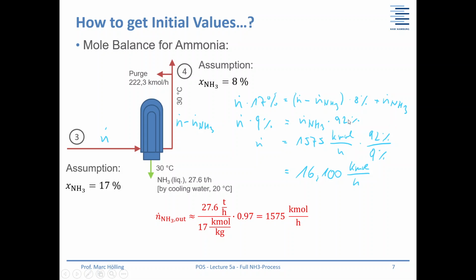Then we can rearrange it, and our mole flow at the inlet of our condenser, or at the outlet of our reactor, should be in the range of 16,100 kilomoles per hour.